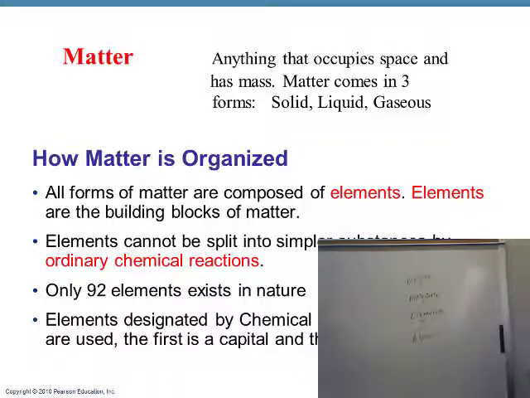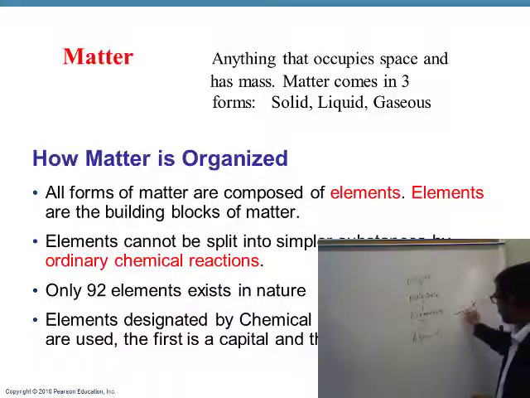So the smallest component is the atom. And now if we use the symbol of an element by only one letter, for example potassium, this is indicated by uppercase K if only one letter is used to indicate the element.